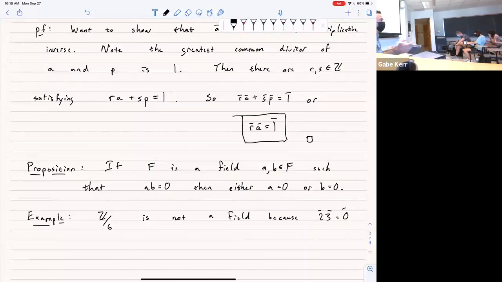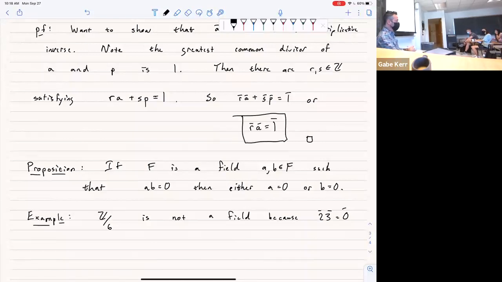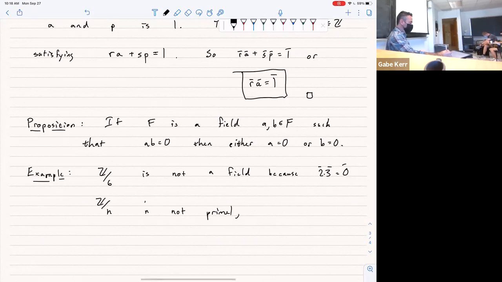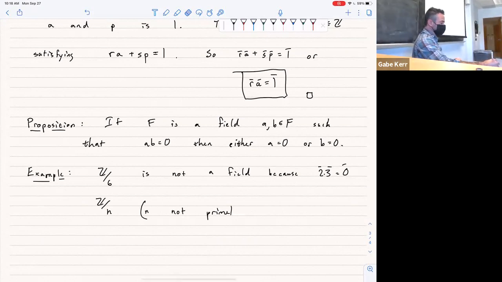But 2 and 3 are not congruent to 0. So in particular, if I look at Z mod n, with n not prime, this is not a field, for the same reason.